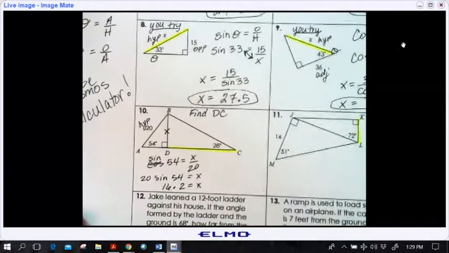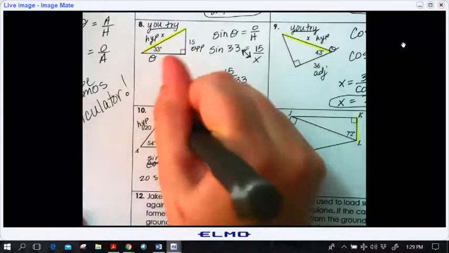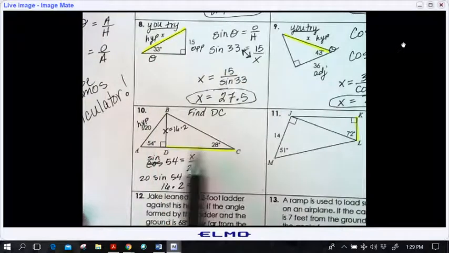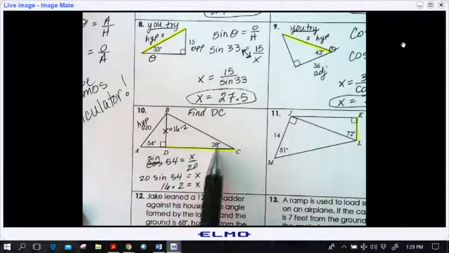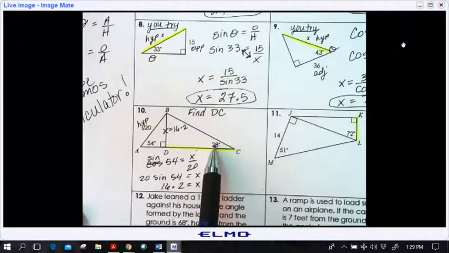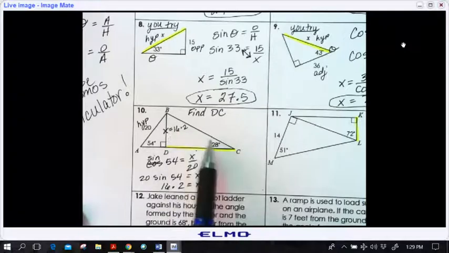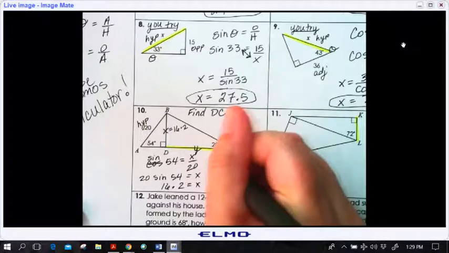Okay, so now I'm not quite finished. I know this side is now 16.2. And I need to use that information with this angle to figure out this side. So starting with this angle, I know the opposite, and I need to find out the adjacent. Okay, let's just call this Y. So opposite and adjacent is going to be my tangent.